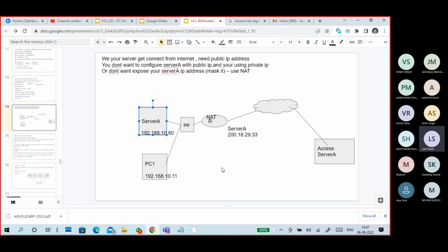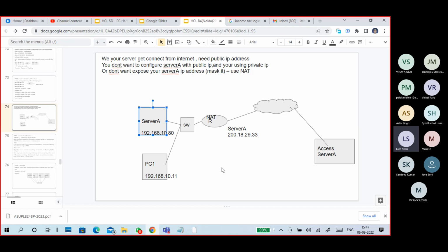So I have to purchase the public IP address and configure it to your server, and talk to your ISP or router, and put that IP address into the public. So people can communicate with your server.